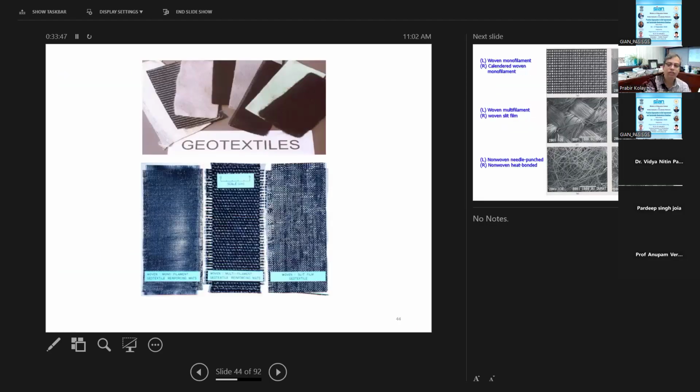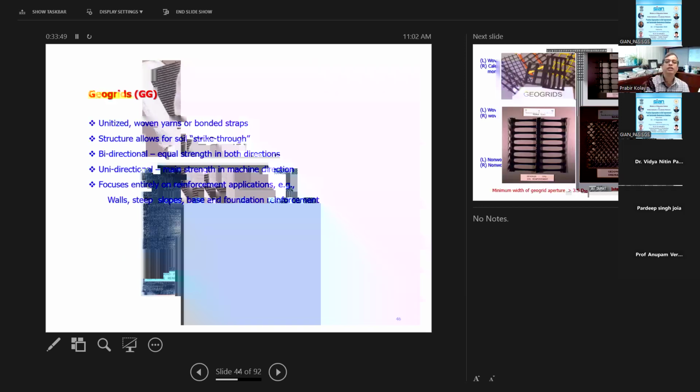Okay? This is non-woven. So geogrid here will be used mostly for retaining wall design.